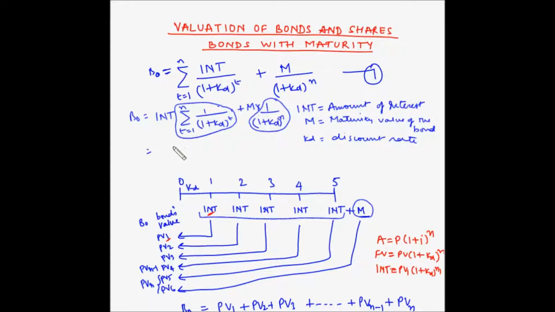So we can also write this formula as INT into present value factor of an annuity, where interest rate is KD and the tenure is N, plus M into present value factor of a lump sum, where interest rate is KD and the tenure is N years.